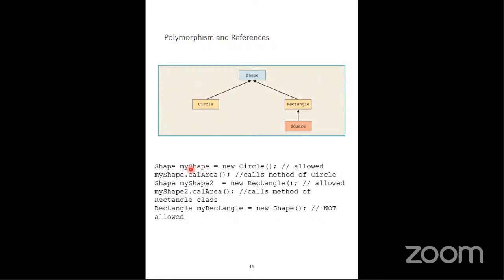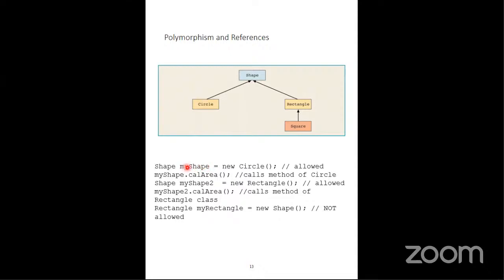Now see here: Shape myShape. That is, myShape is a reference variable of the Shape class, that is the superclass, equal to new Circle. I'm creating an object of the Circle class. So the circle object is created, but the reference is given to a superclass variable. This is allowed because, as we discussed just now, this is a polymorphic reference variable.